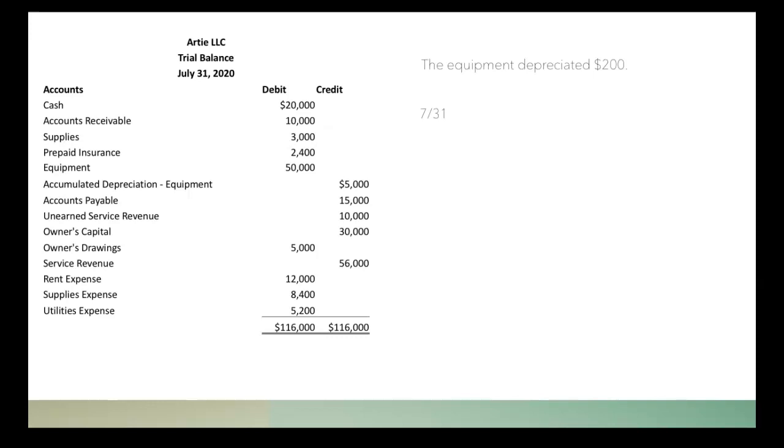But when we record this, we don't want to deal with the equipment account itself, right? That equipment account is only going to be used whenever we buy or sell equipment. When we record our depreciation, we have a few other accounts that we're going to use.